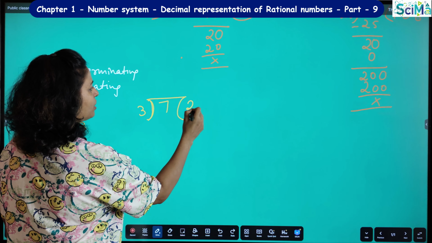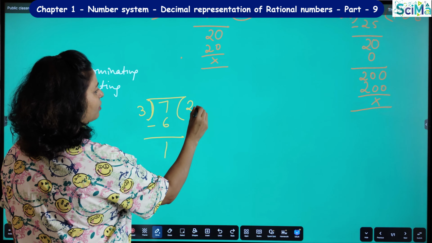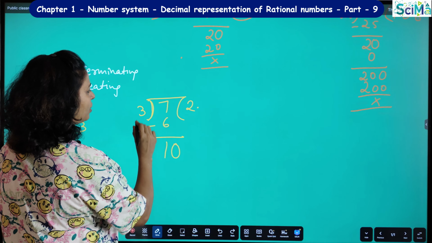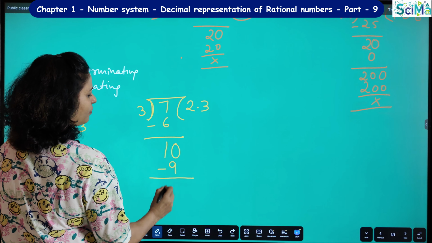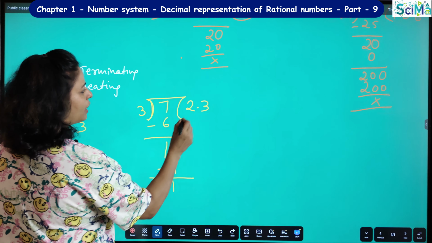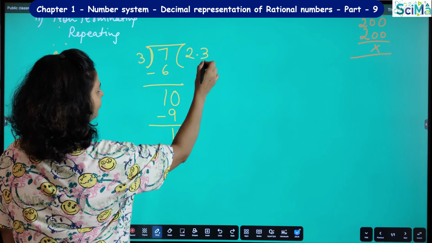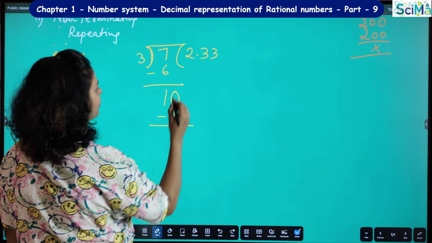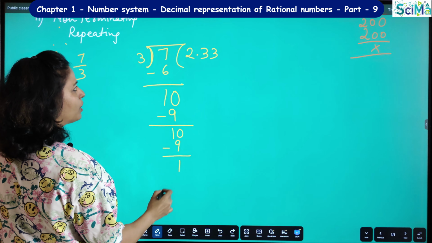So 3 2s are 6, we subtract and get 1. For the decimal you put a 0 here, 3 3s are 9, again subtract, we get remainder 1. Again for the decimal you can put a 0, and again 3 3s are 9, again you subtract, you will get 1.